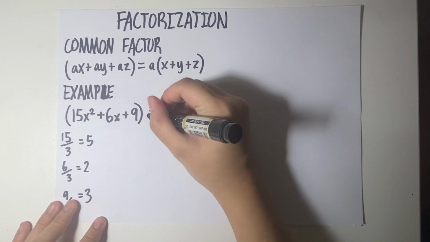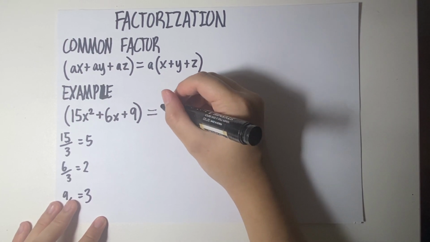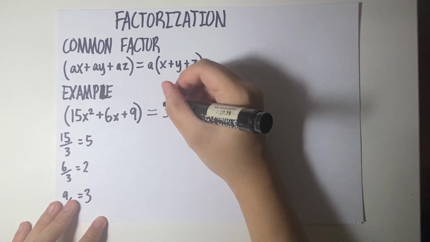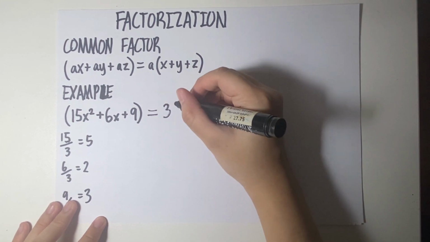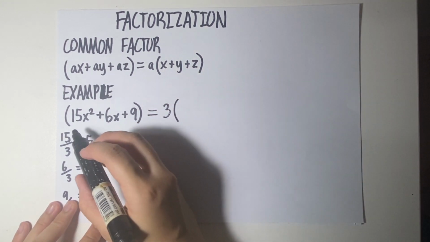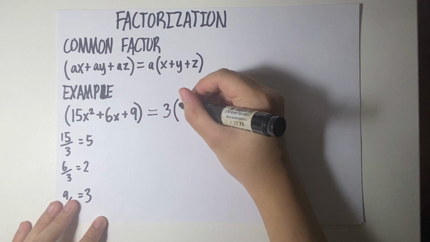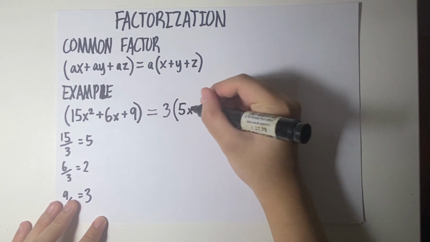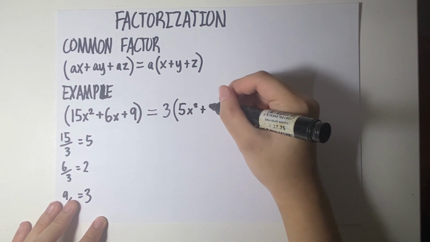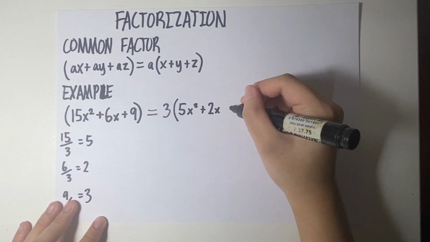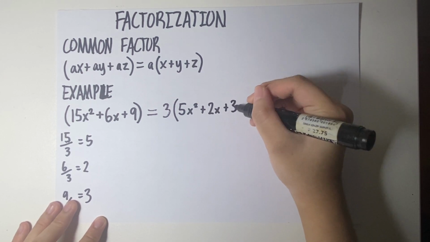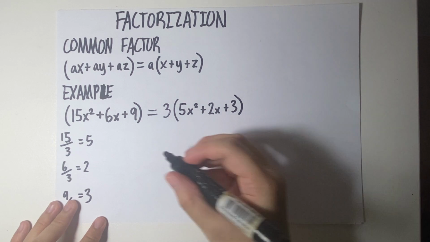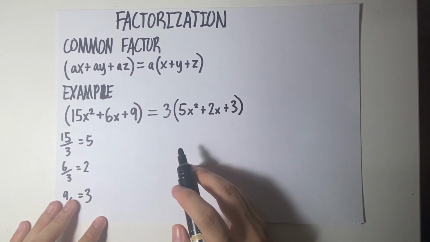Okay, so let's rewrite it. So we factored 3 out of the bracket, and so let's rewrite this as 3 times 5x squared plus 2x plus 3.